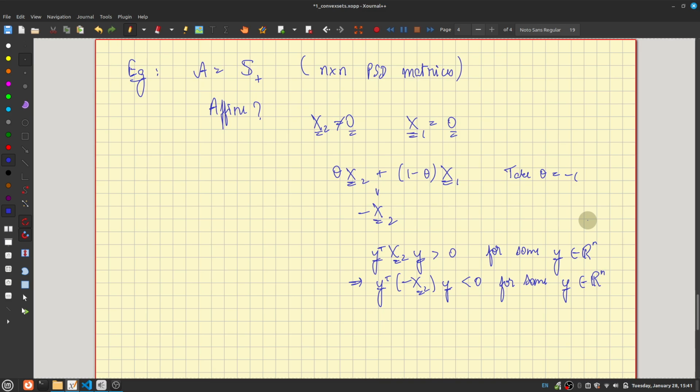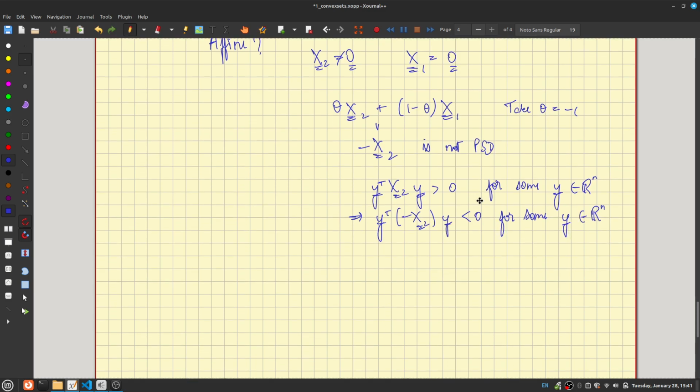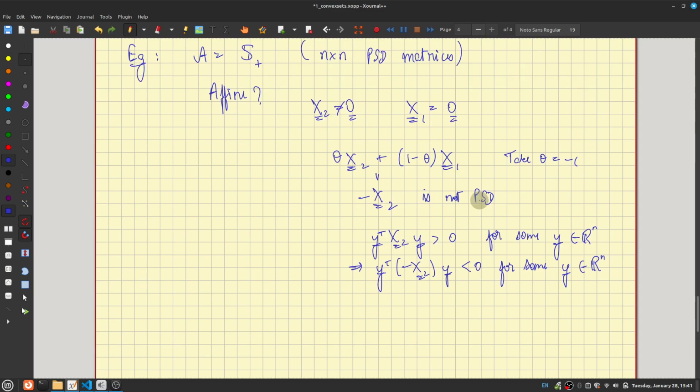So minus X2 is not PSD. So it's not affine.